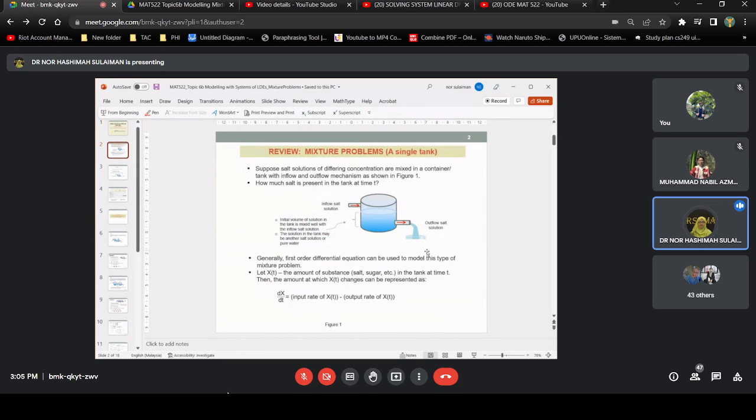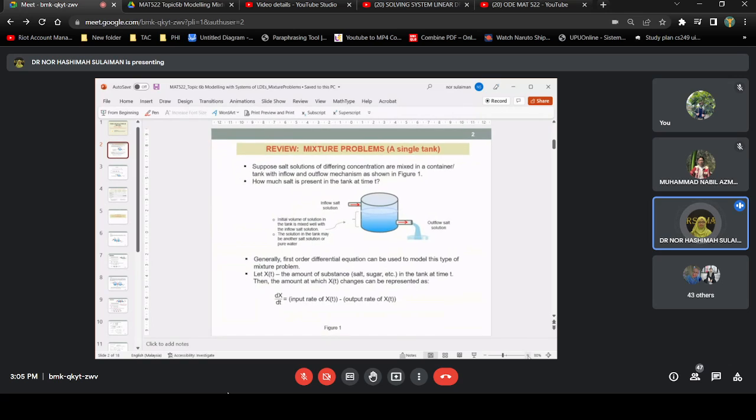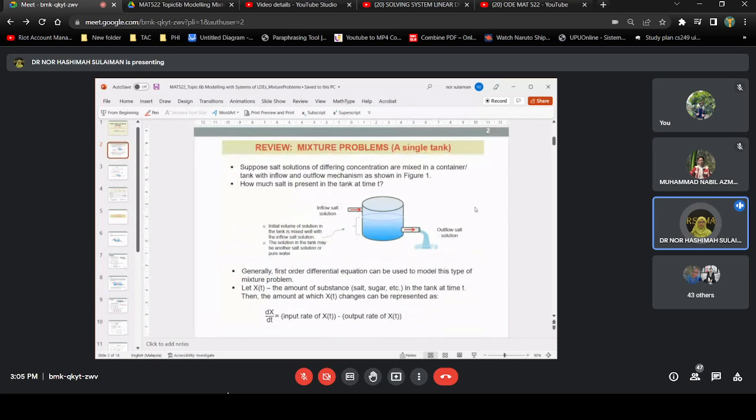Now I really hope you still remember the theoretical aspect of solving a mixture problem involving a single tank. You ingat lagi kan, suppose you have a salt solution of differing concentration which are mixed in a container. So ada salt solution ataupun brine ni masuk dalam container ni, and then dalam container ni dah ada larutan. So apa yang berlaku adalah ada percampuran di sini.